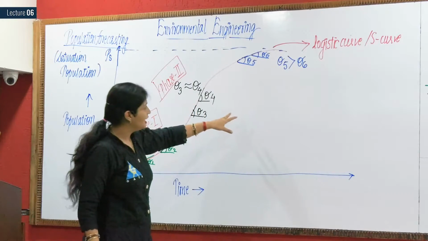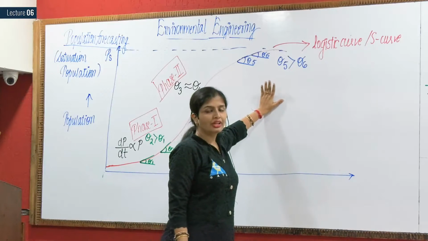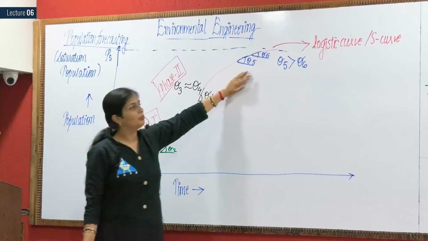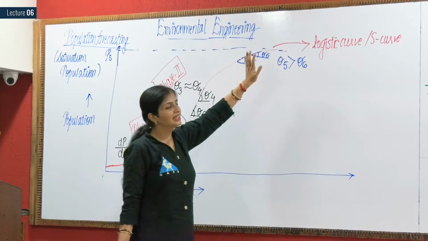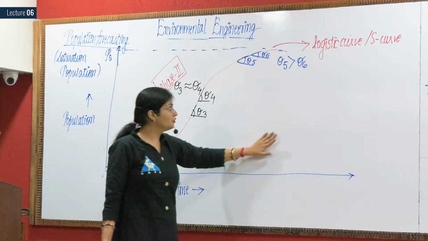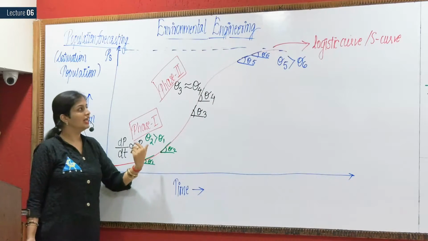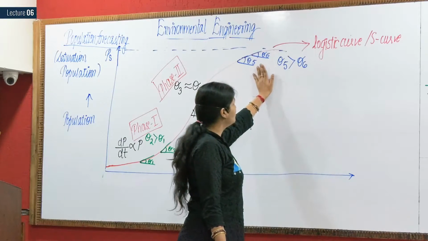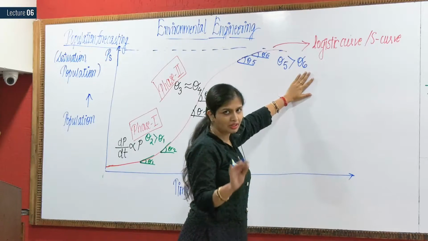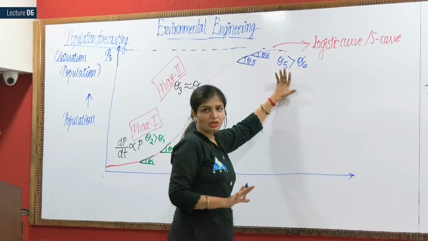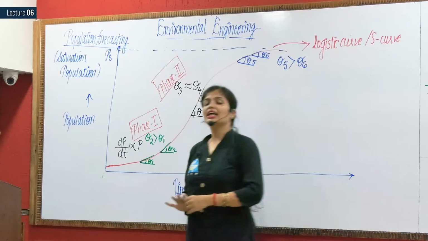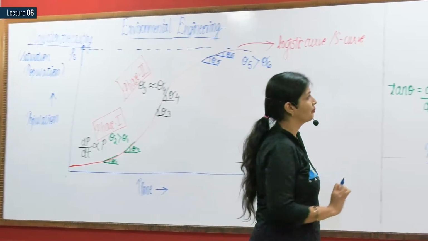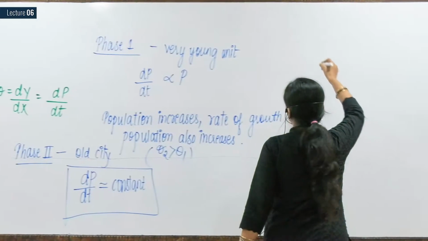So in the third phase, when you calculate the rate of growth of population, you will see that the slope theta 5 is greater than theta 6. Initially what you found, your theta 2 was greater than theta 1, then theta 3 and theta 4 are almost constant, and then you took it out that theta 5 is greater than theta 6. This you have seen. Now that means what? This means the rate of growth of population is decreasing. How? Let us say this is phase 3.